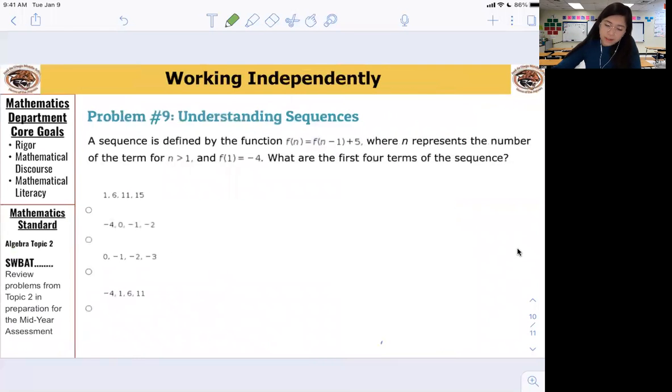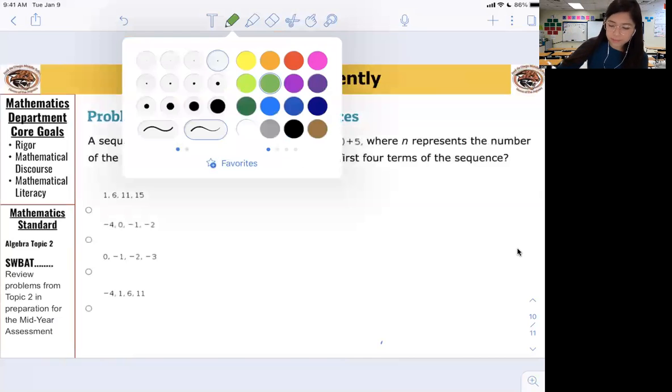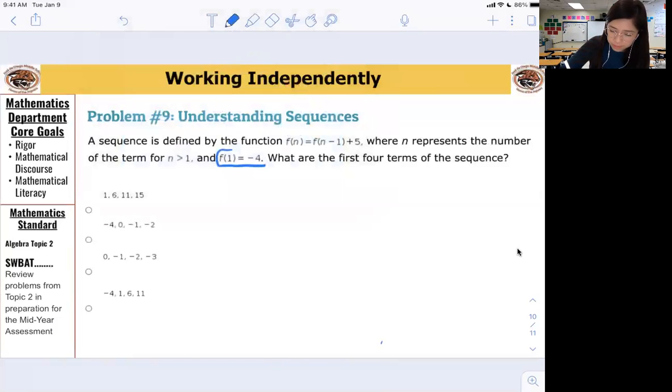Number 9, a sequence is defined by the function f of n equals f of n minus 1 plus 5, where n represents the number of the term for n greater than 1 and f of 1 is negative 4. What are the first 4 terms of the sequence? This is all function notation. You kind of have to read it and understand what it's saying. Let's look first at this right here.